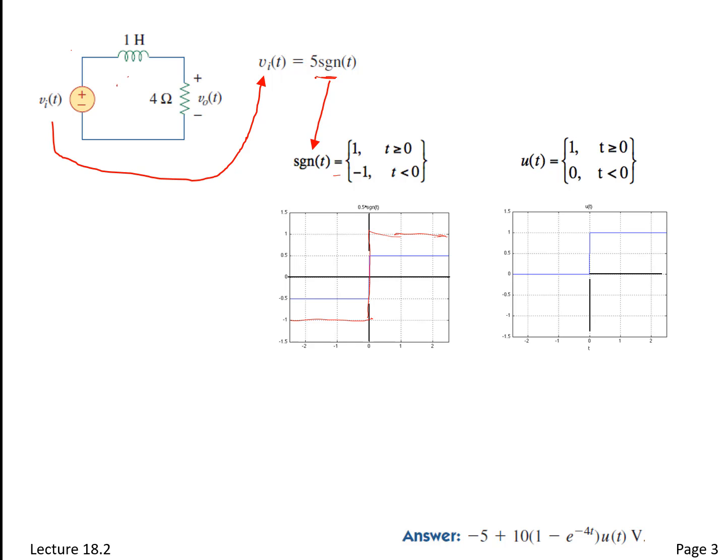We can go look that up in our tables. Back in our tables 18.1, we can look up the sinum, but it amounts to being the sum of a constant and the unit step, just like the picture shows.